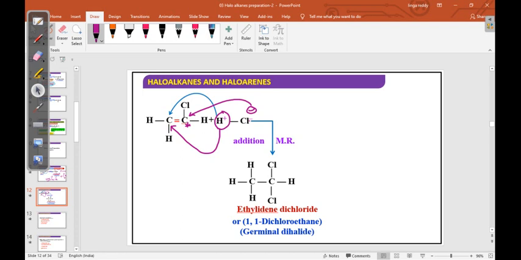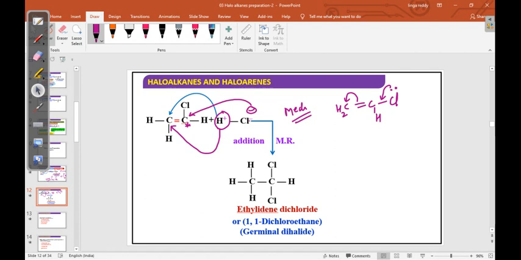So what is the reason, the mechanism? If you want to see the mechanism, two possibilities are there: CH2 double bond CH, and hydrogen and chlorine is there. It is a vinyl, lone pair is there. So mesomeric effect.